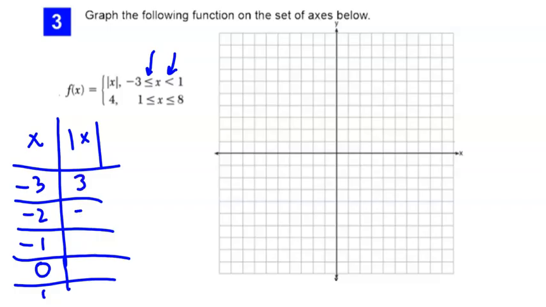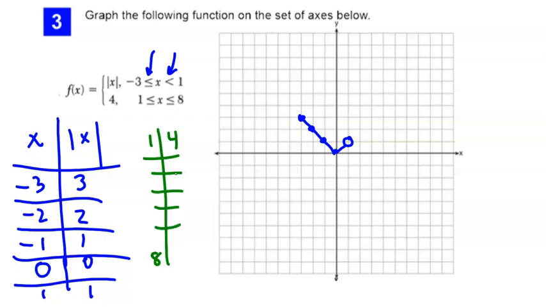So here I'm going to get 3, 2, 1, 0, and here I'm also going to get 1. So -3, +3, and then at this location, I'm going to get an open circle. Notice, no arrows.